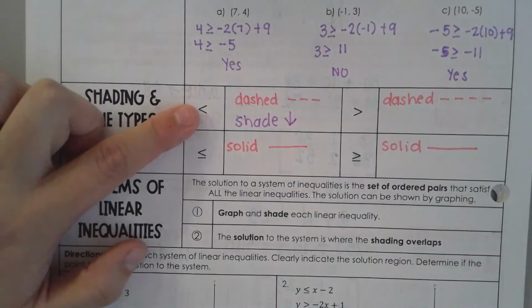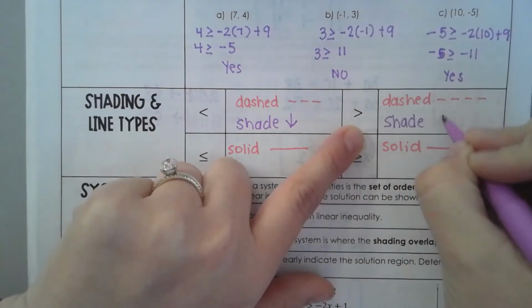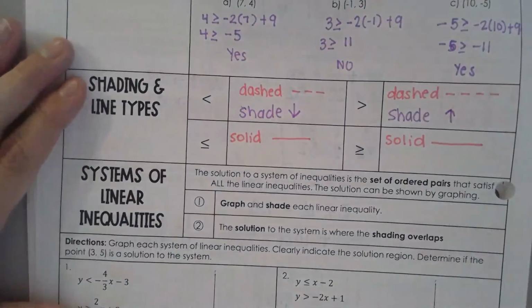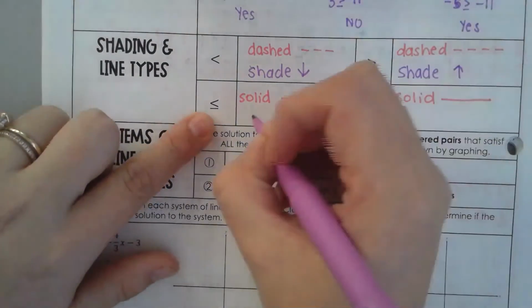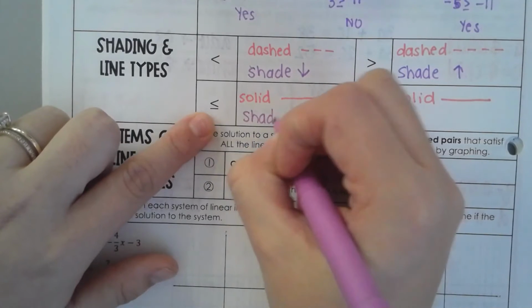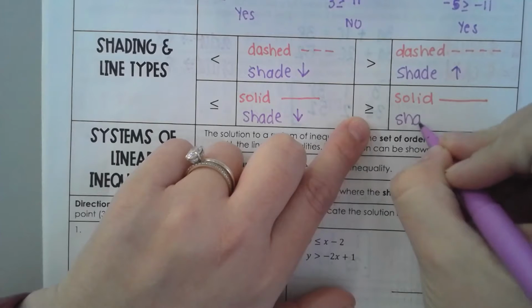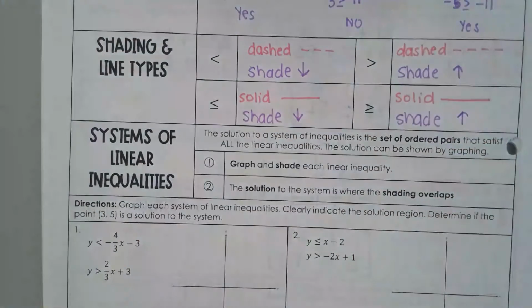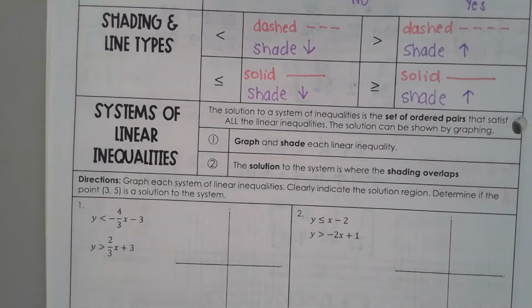So we'll shade all the graph that's under that line. But if it's greater than, we shade above. This one is a less than, so it's shade below. This is a greater than, shade above. So that's the 2 extra things that we have to pay attention to when we are graphing.